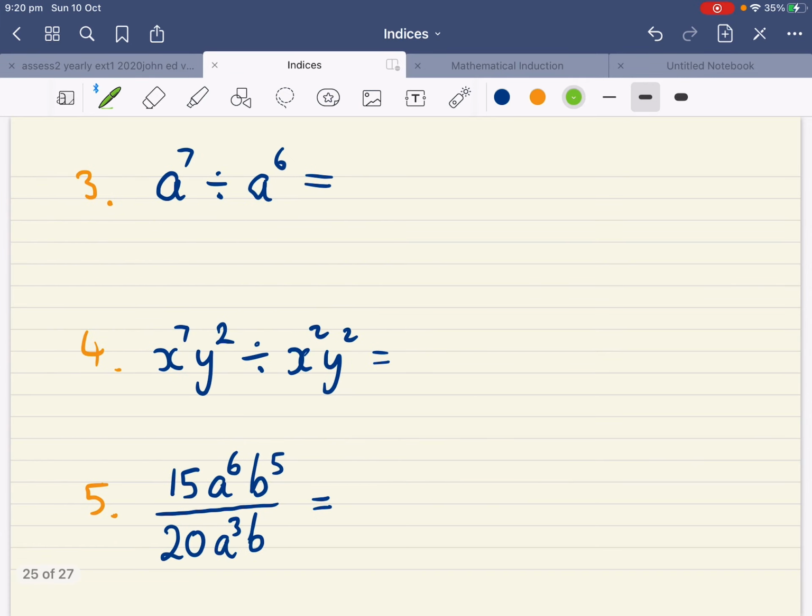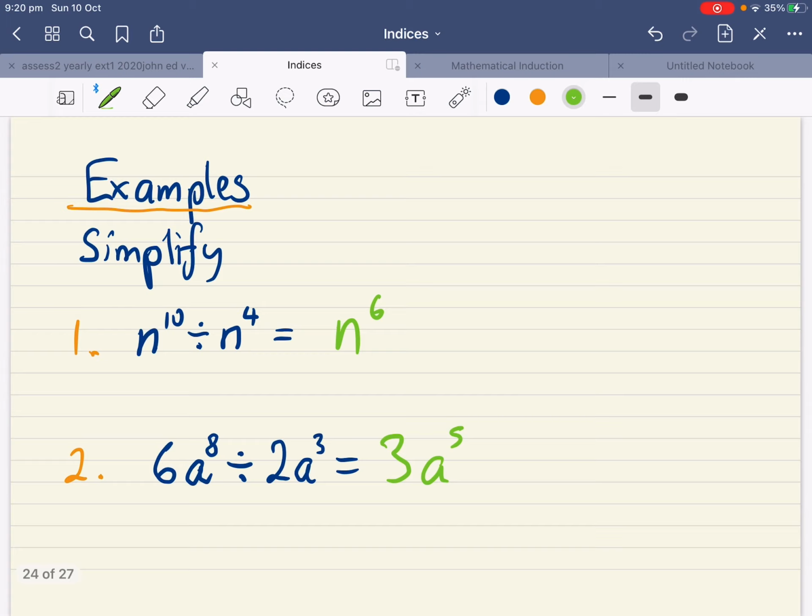On to the third one. Oh, by the way, I should mention, I'm writing divided by as a division sign here. But if I go back here, I could have just as easily written this first one as n to the 10 over n to the 4, right? That also means divide, and you do it just like normal.